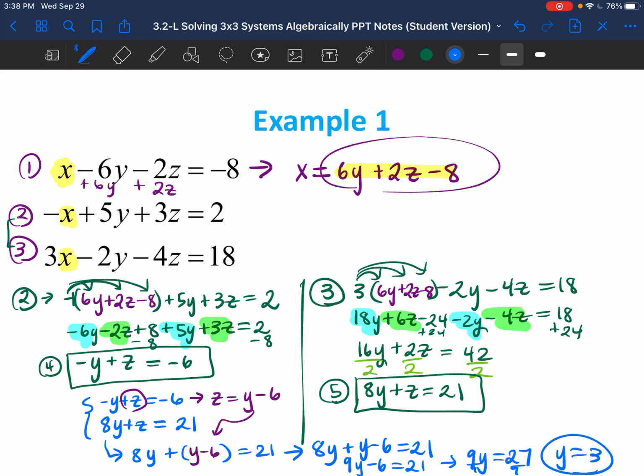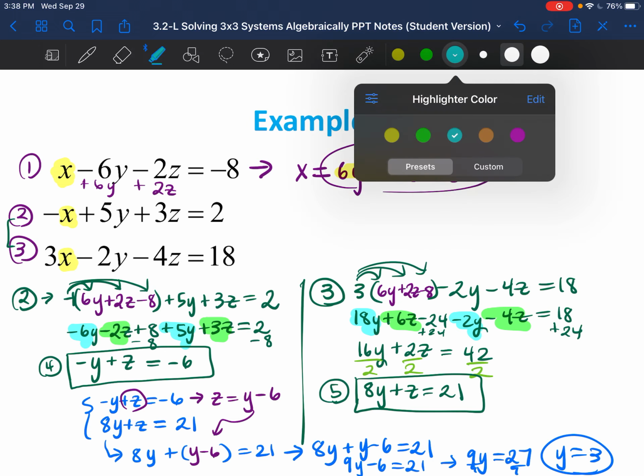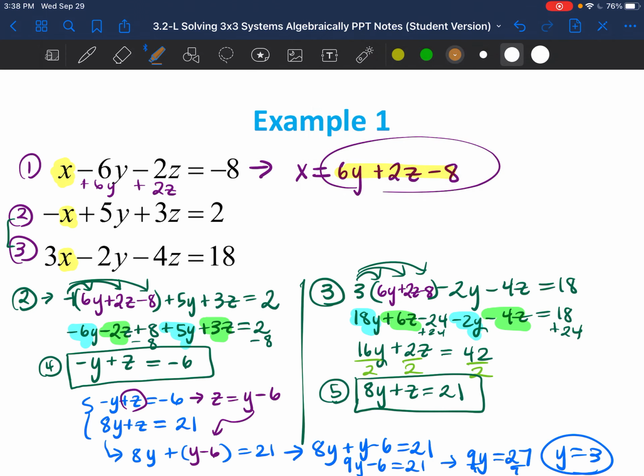Okay, so once you have one of your variables, you're going to go back to one of your original equation 4 or equation 5 and substitute that y back in to get your z.